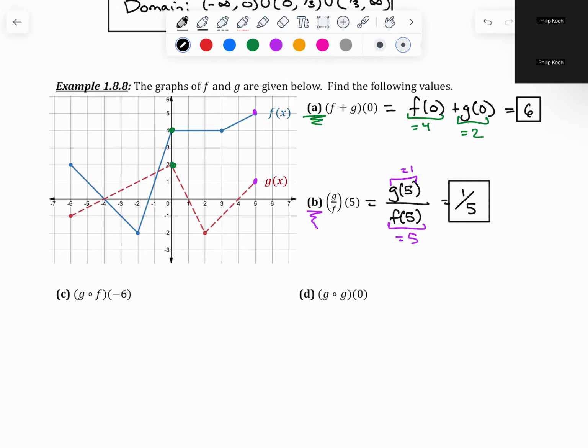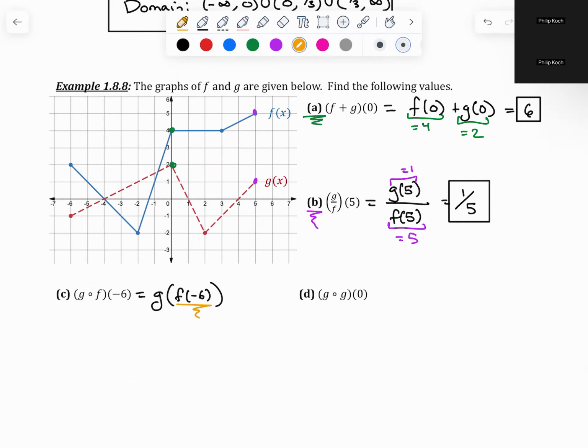g composed with f of -6. Looks more intimidating, but if you remember what the definition of composition is, this is not as scary. So this is by definition g of the quantity f of -6. So what is f of -6? Oh, let's use orange.